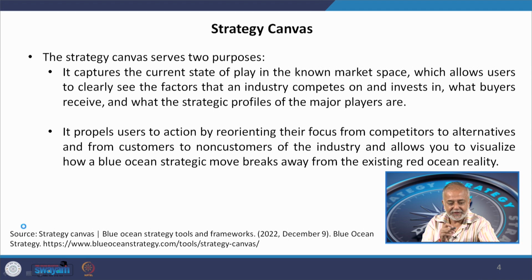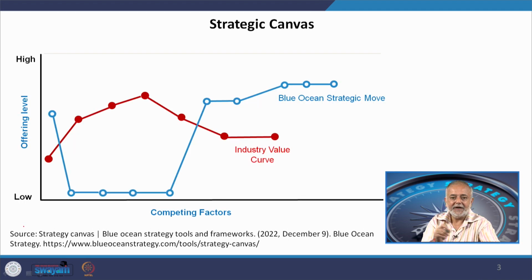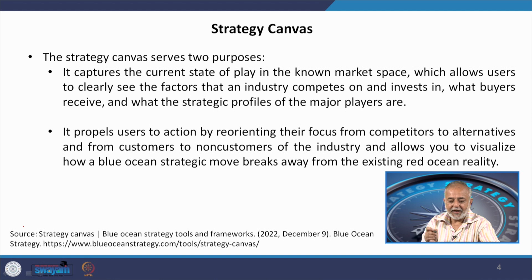And when I say industry, that means all the products in that category, all the organizations producing those kinds of products. They are on the same curve more or less, depending upon a slight difference which they might be trying to create. And then it further says what buyers receive and what the strategic profiles of the major players are.